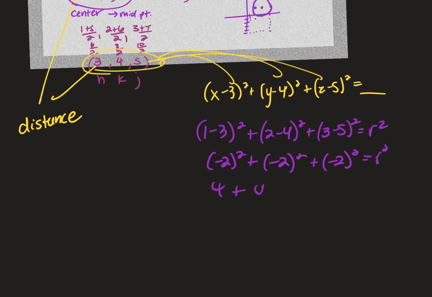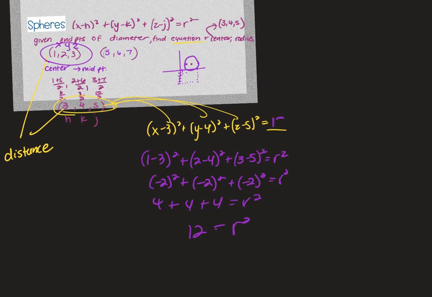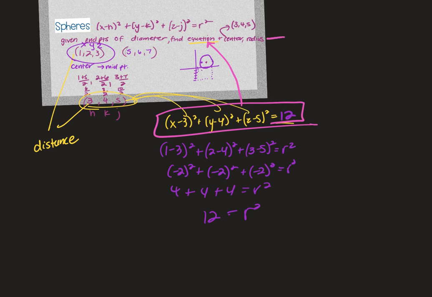So 4 plus 4 plus 4. R squared is 12, which is the part of the answer I was missing. That would be the equation. And then the radius would be the square root of 12, which is 2 root 3.